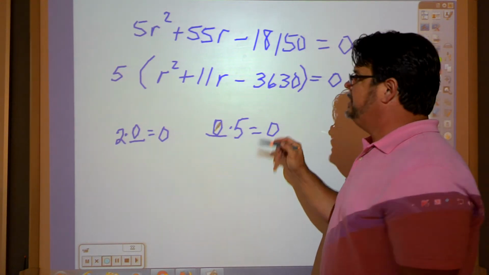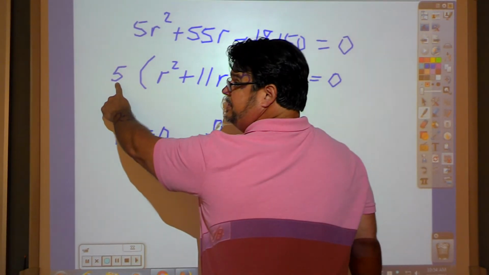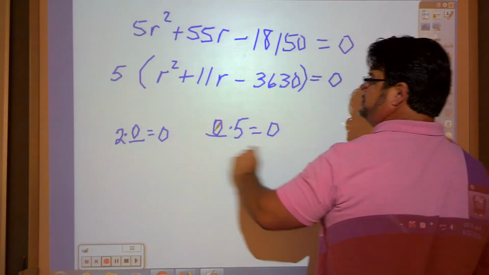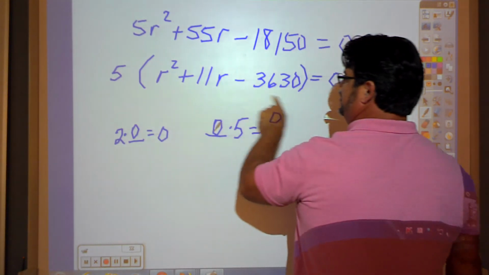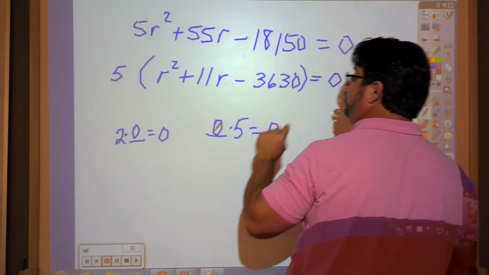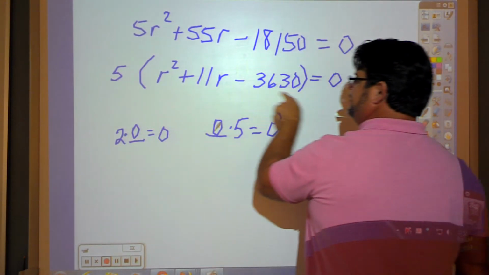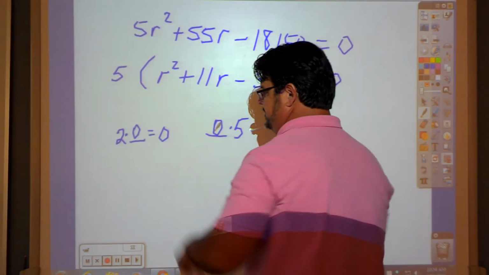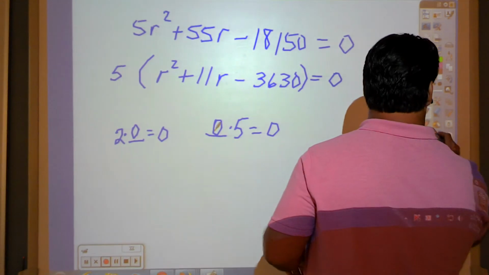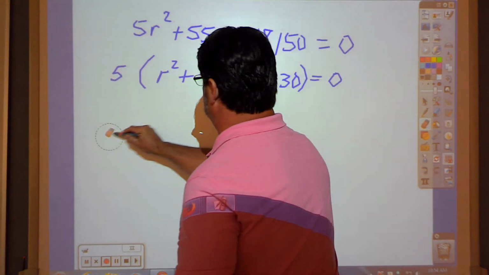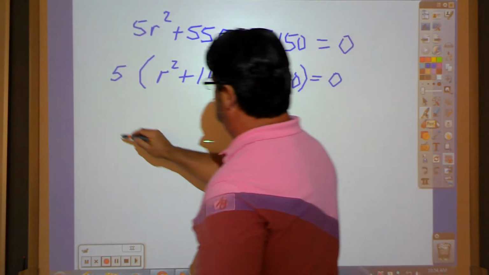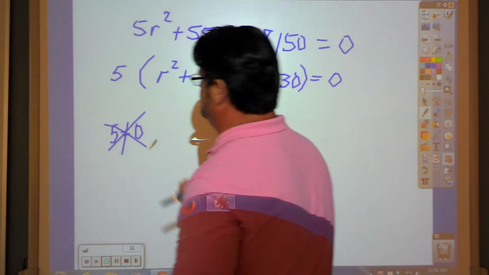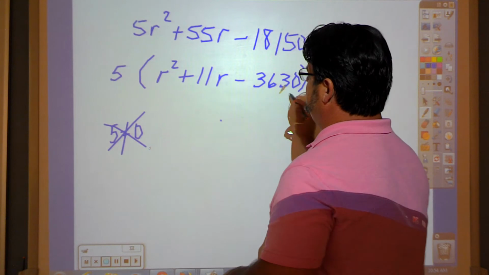So you're setting this up to be 0, and you're setting this up to be 0, because this is 5 times blank equal to 0, or blank times this equal to 0. That 5 is untrue, so it just goes away. And then you're setting this up to be 0.